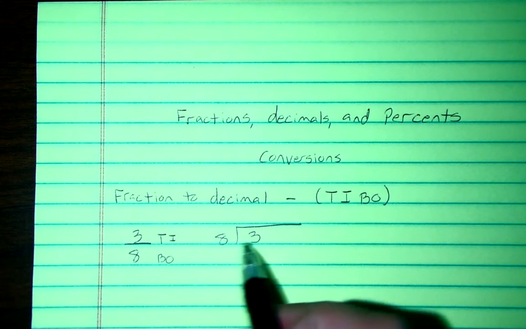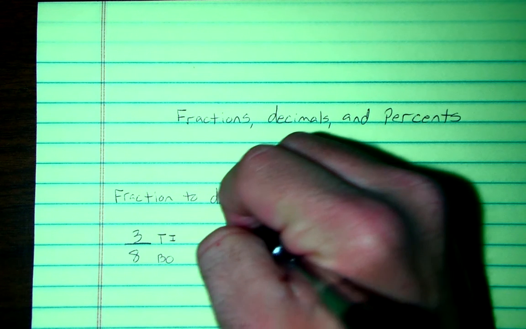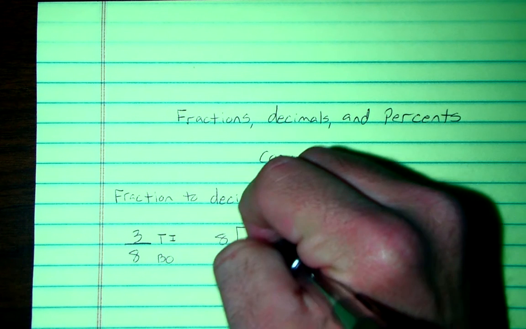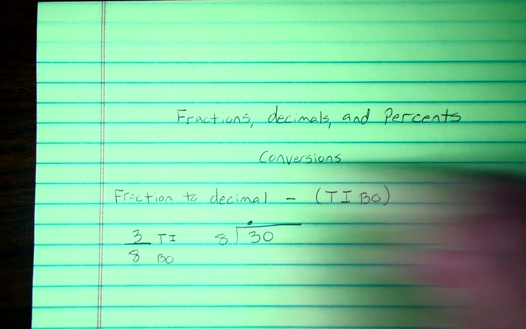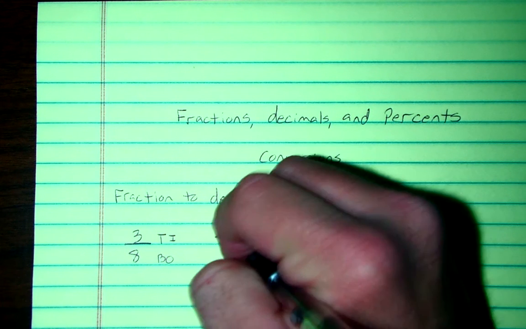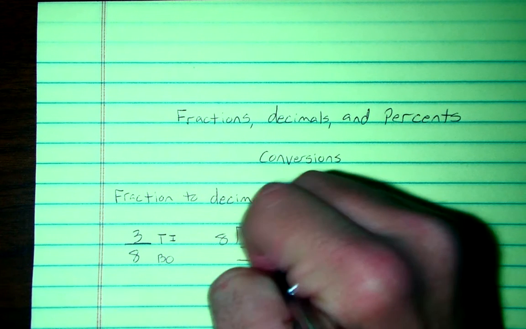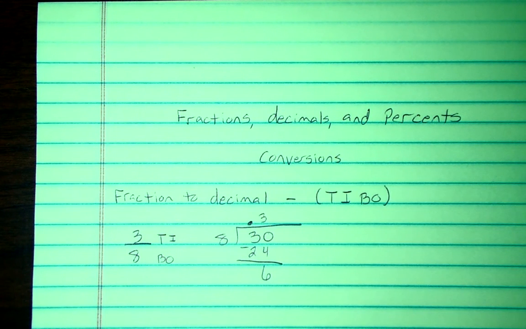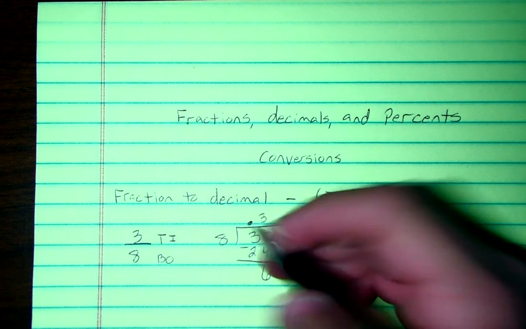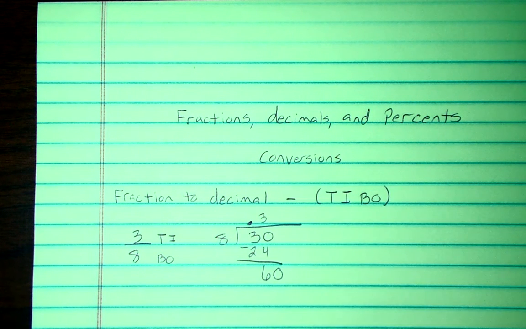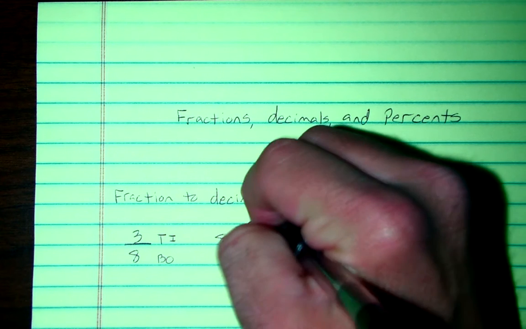Can 8 go into 3? No, it cannot. So there's your decimal on top. Add a 0. 8 can go into 30 3 times. Now, can 8 go into 6? No. But since I have a remainder, add a 0. 8 can go into 60 7 times.